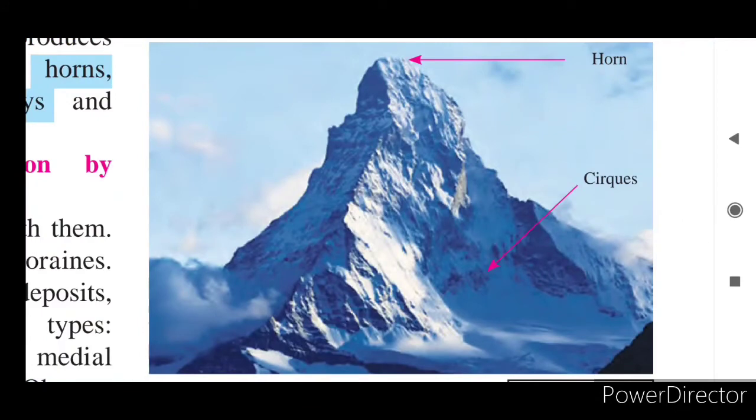After snowfall, the snow doesn't start flowing immediately like water. It gets deposited. It deposits more at the base than on the slope, children. When many layers of snow get deposited, as we have studied just now, then what will happen?